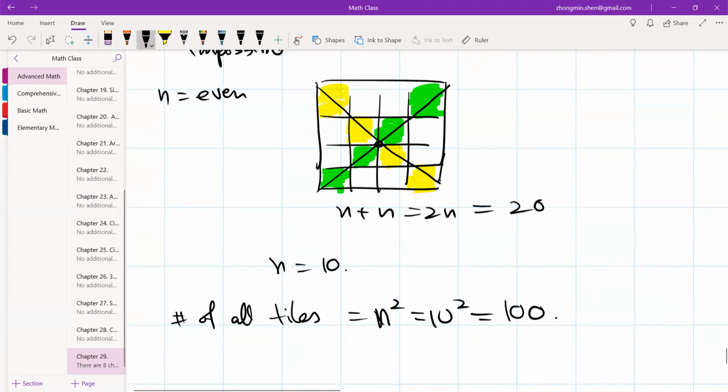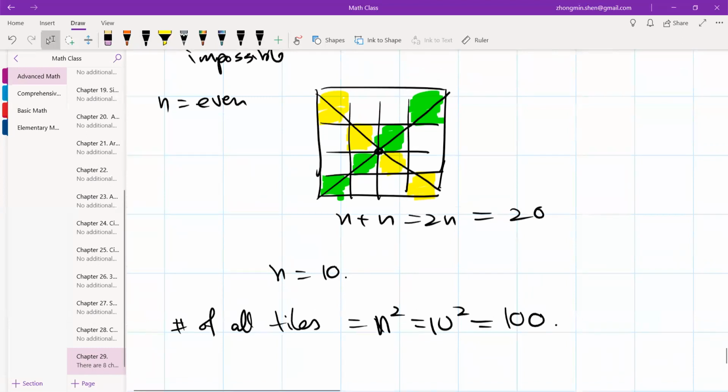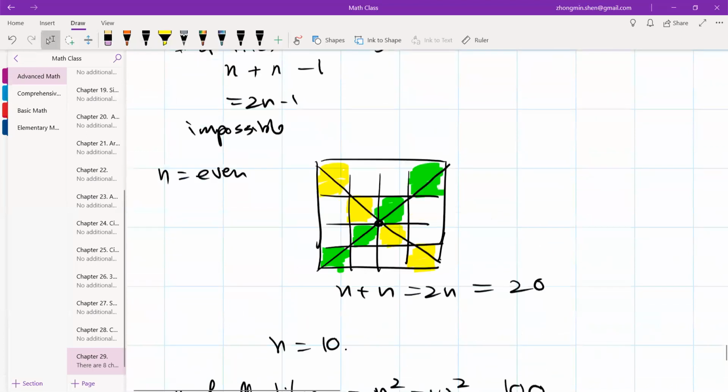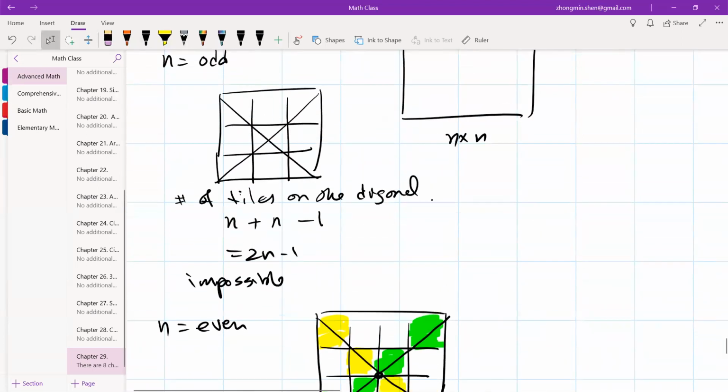One is like the second picture, right? The first one, yeah, when n is odd, and you can see that there's overlap. This is the overlap. So it's harder to draw it.